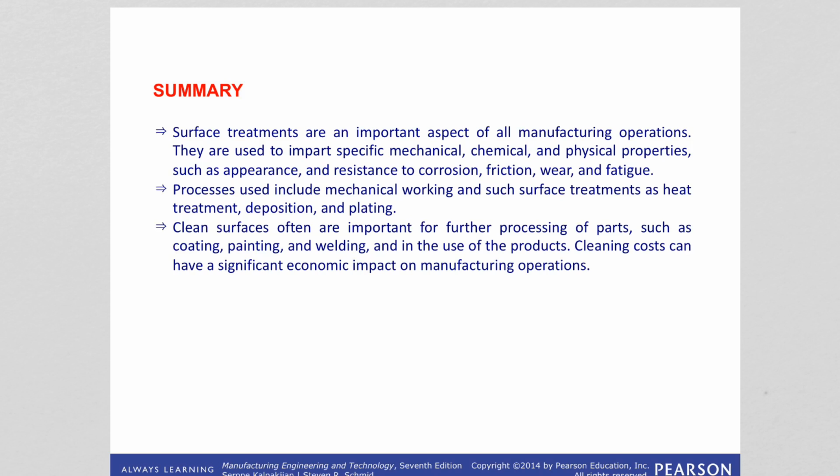The processes include metalworking, heat treatment, deposition, and plating, and we talked about the cleaning of surfaces, and it is important in many manufacturing processes to achieve a clean surface, and how this clean surface can be achieved with different techniques.